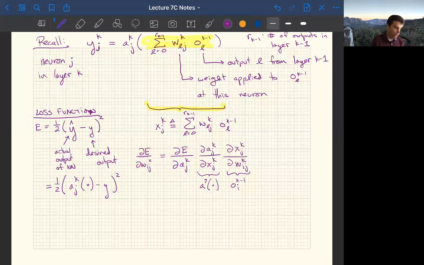And there are two possible expressions for that component, depending on if I am right next to the output or if I'm in the middle of the network.